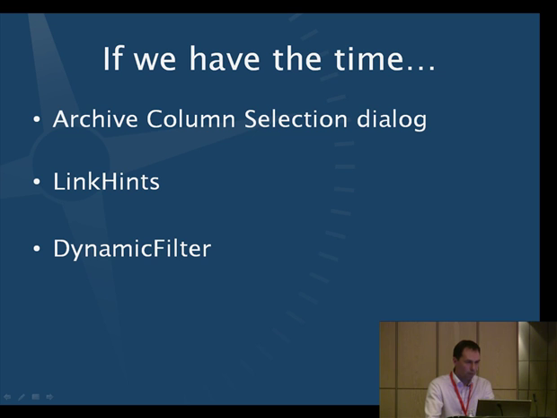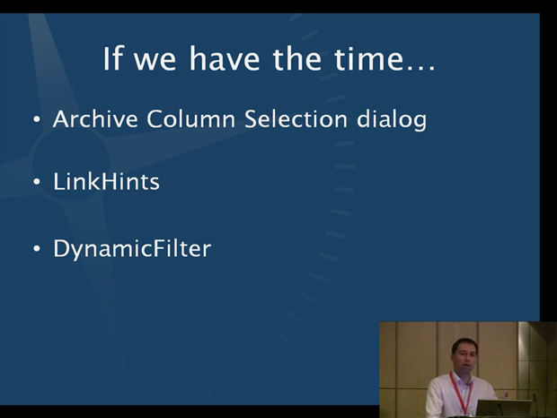In this demo, if we have the time, I'm going to go through 3 things. The archive column selection dialog, which as you showed earlier, gives the user the possibility to choose which columns and the order bys and everything. It's giving a lot of free information. Then you have the link hints, which are used when you want to handle what's going to happen when the user is clicking the rows.